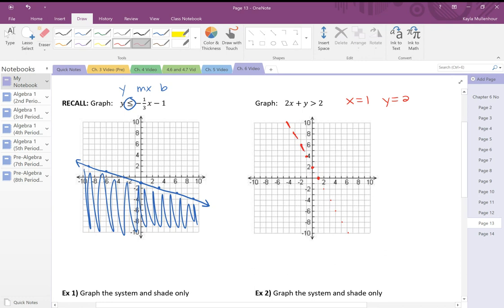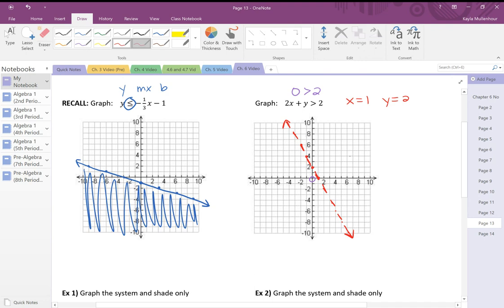So we're not including the values on the line, they're not a part of the solution. If you recall how to check where to shade, you plug in the point 0, 0. The point 0, 0 is right here. If we plug in 0 for x and 0 for y, we just get 0 is greater than 2. That is a false statement, so we don't want the point 0, 0 to be included in the solution, so we would shade the opposite side.